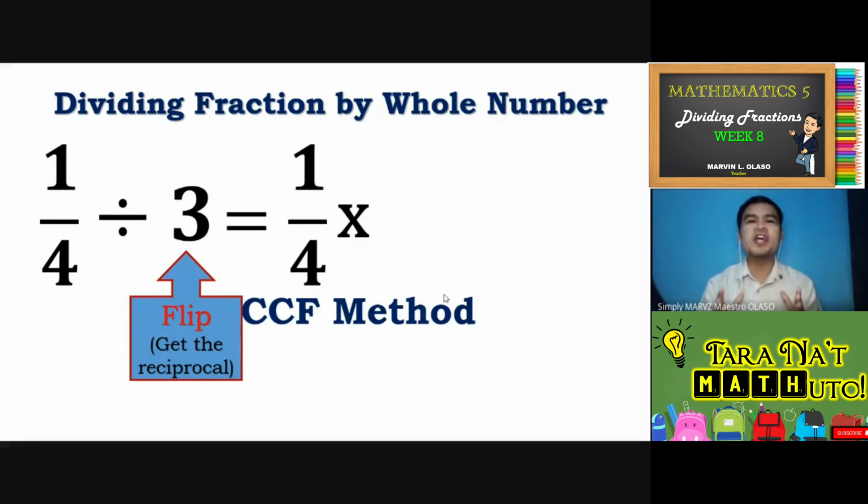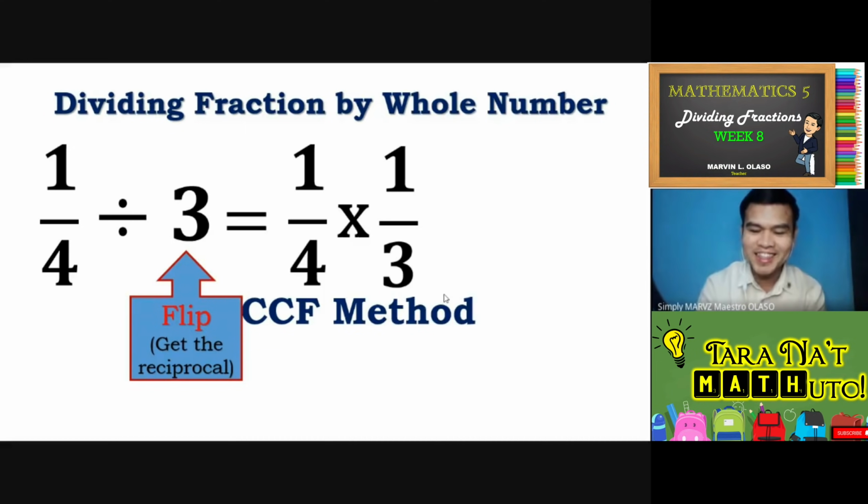Since ang ating divisor ay isang whole number, then kapag kukunin natin ang reciprocal, di ba ang 3, pag nilagyan natin siya ng denominator, meron siyang denominator of 1. So 3 ay kaparehas lang yan ni 3/1. So what's the reciprocal of 3/1? 1/3. That's it.